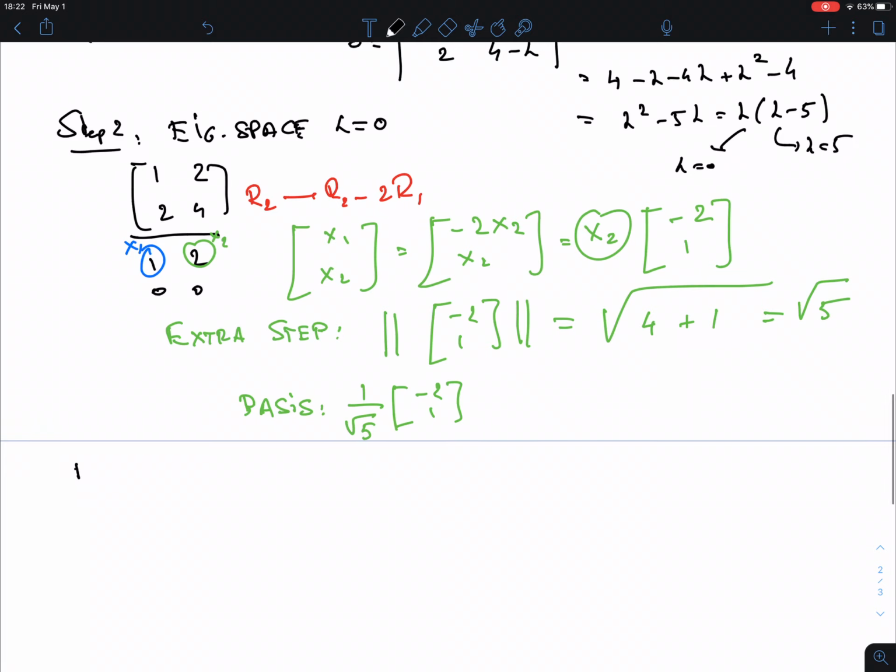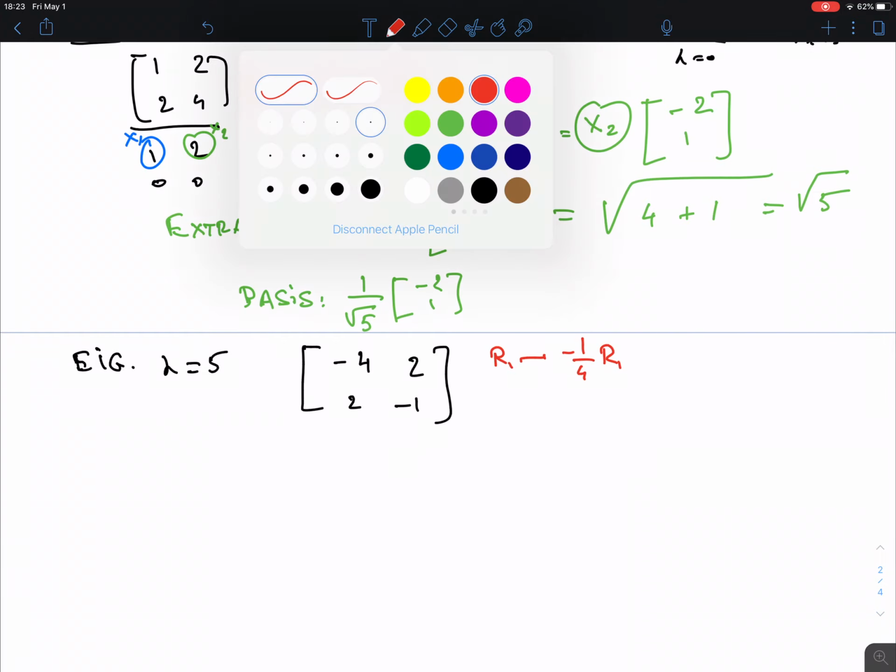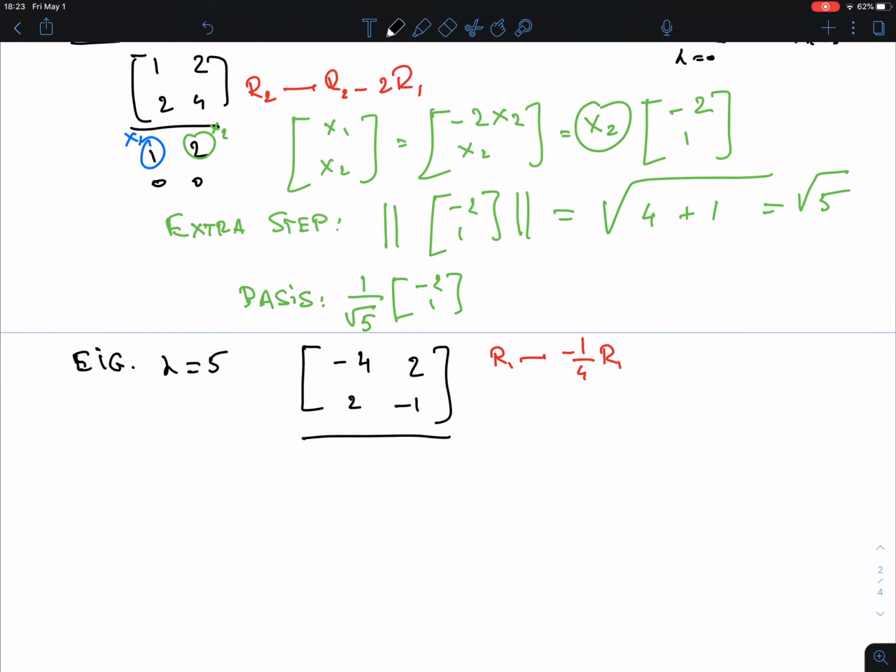Okay, so eigenspace for lambda equals 5, so I have to subtract 5 from the diagonal, get minus 4, 2, 2, minus 1. Okay, I'm going to have to divide row 1 by minus 4, and then I get 1 minus 2, right?